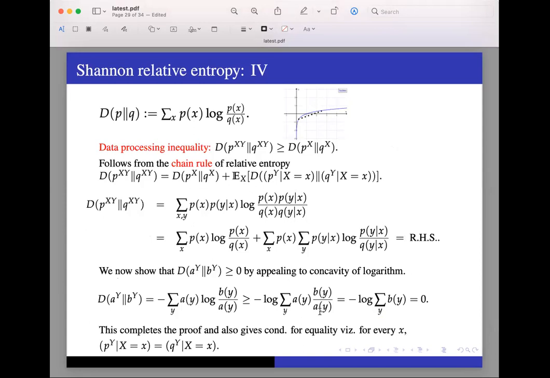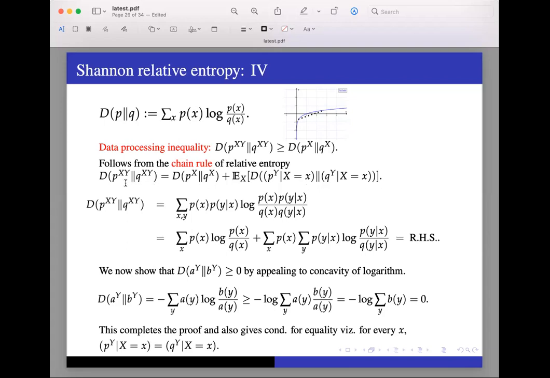Okay. So let us prove this amazing data processing inequality. This data processing inequality follows from what is called the chain rule of relative entropy. Again, you can prove it directly, but I've chosen this proof because it gives you another nice property that you need to know, which is the chain rule. So chain rule is this.